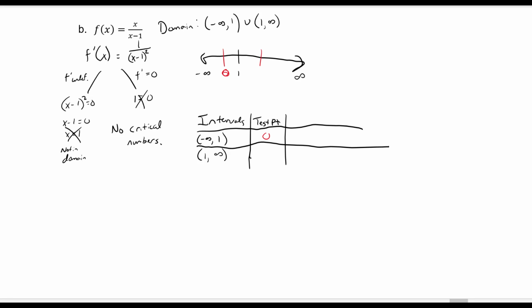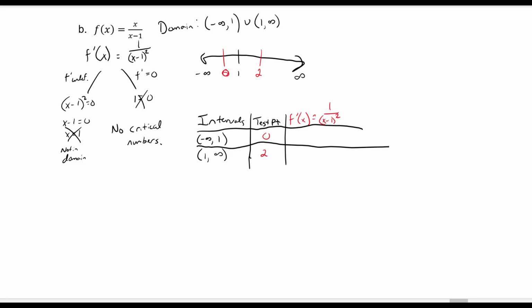And then 1 to infinity, well, we can't choose 0, we can't choose 1, so let's choose 2. Another nice, easy number. So then from here, we want to find the value of f prime of x. So remember, f prime of x in this case is 1 over x minus 1 squared.